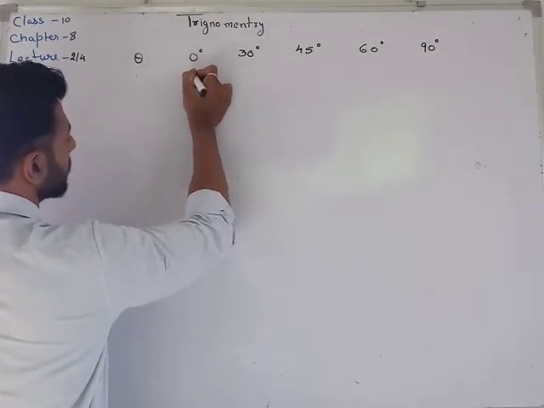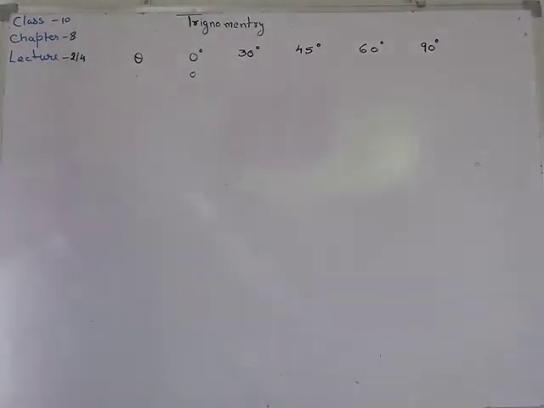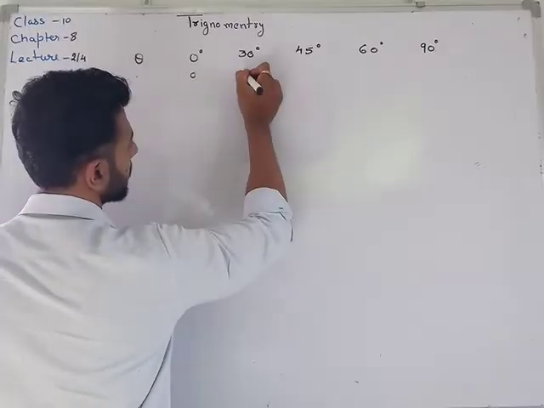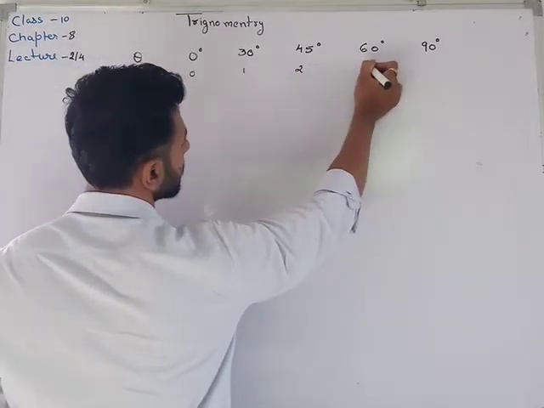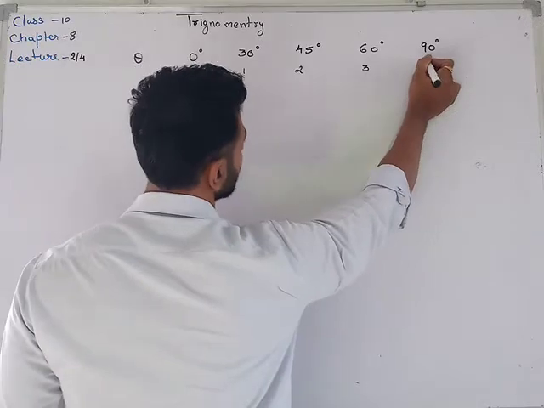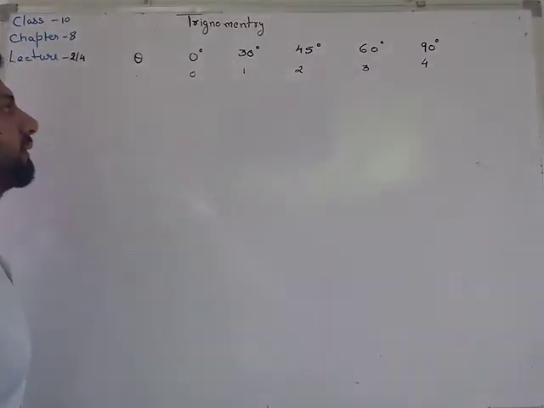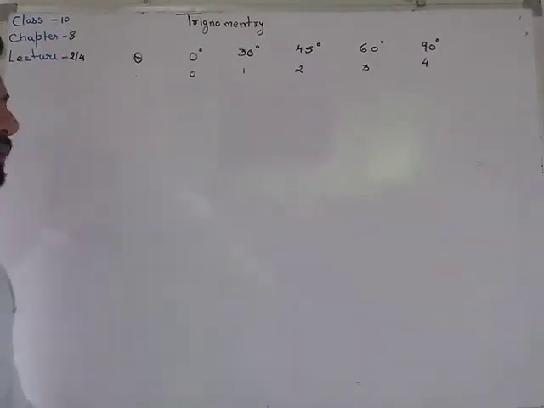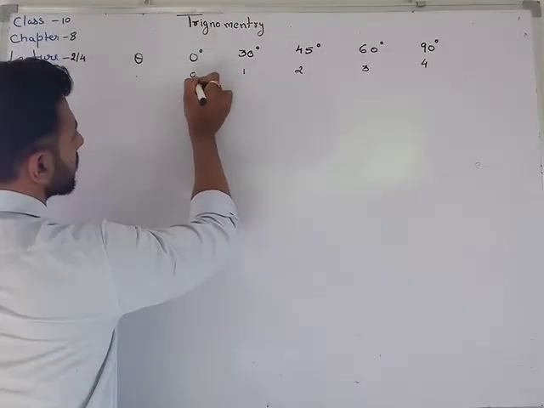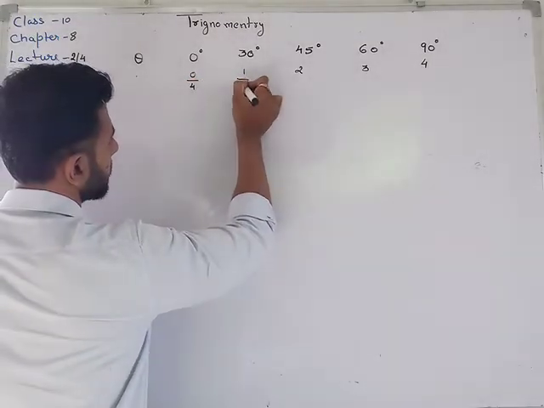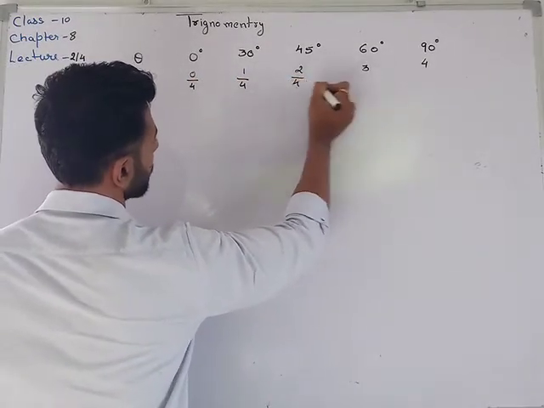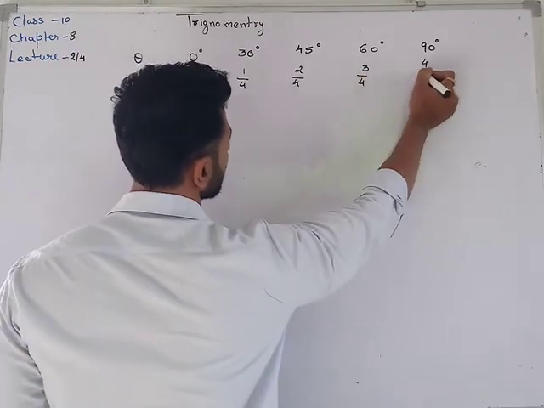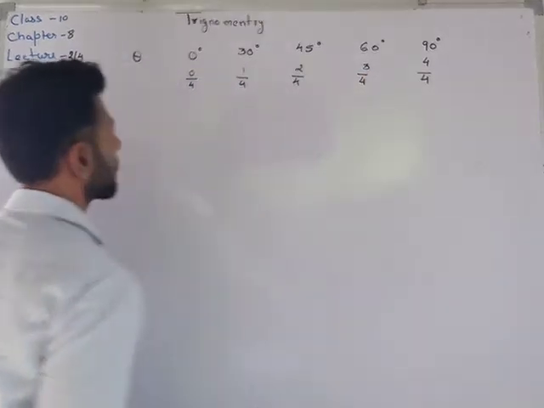Write 0 below the 0, 1, 2, 3, 4. Now divide all these numbers by 4.